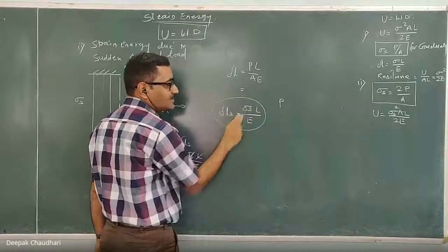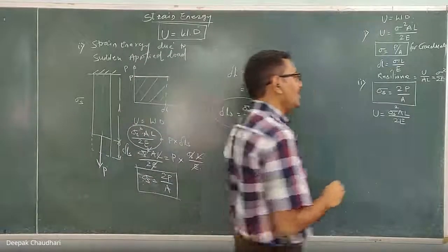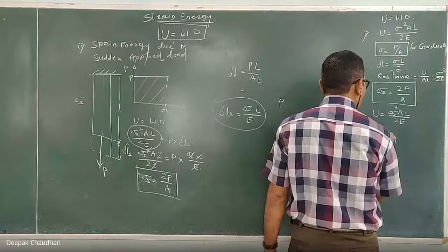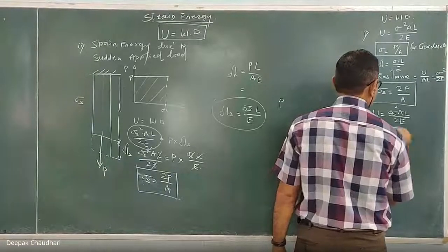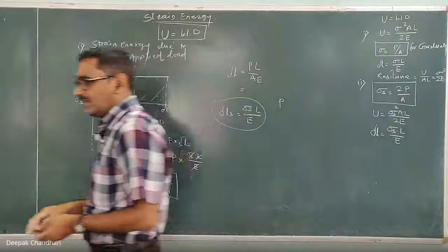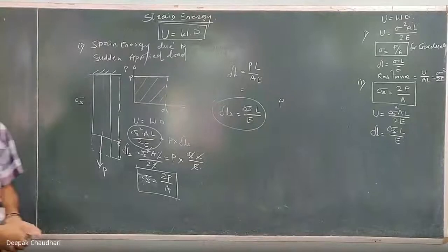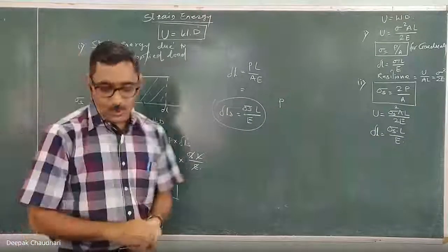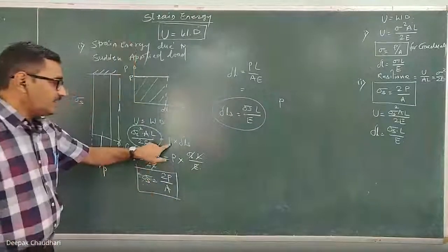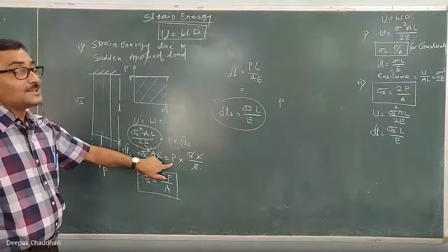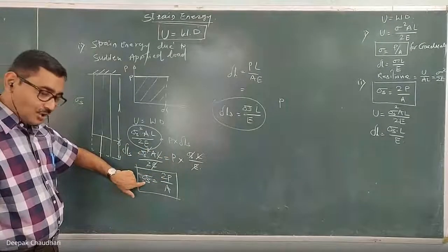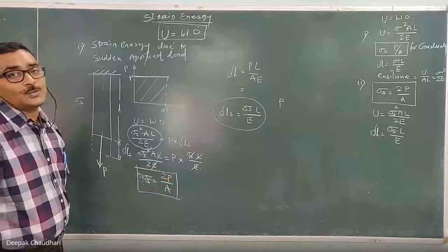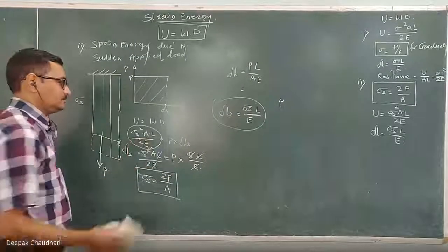Calculate the stress induced because of the sudden applied load, and with the help of that you can calculate the deformation, which is equal to sigma S into L upon E. This is the strain energy stored in the material because of the sudden applied load. I have not expressed this P in terms of the stress because I want to get the relation between the stress because of the sudden applied load and the force P, which is the sudden applied load.